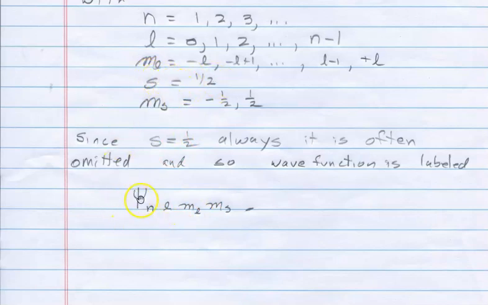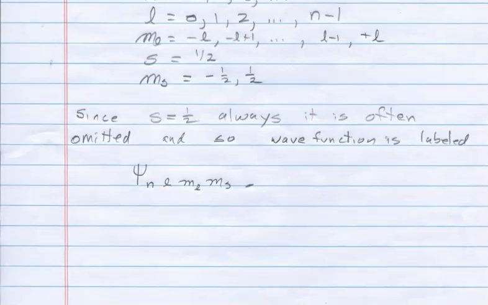And they label the wave functions with this additional intrinsic spin of the electrons as psi n l m sub l like before, and they tack on the m sub s, which is either plus or minus a half, onto the end. Well, we will continue this story next time. But that's how the spin quantum number arose historically.